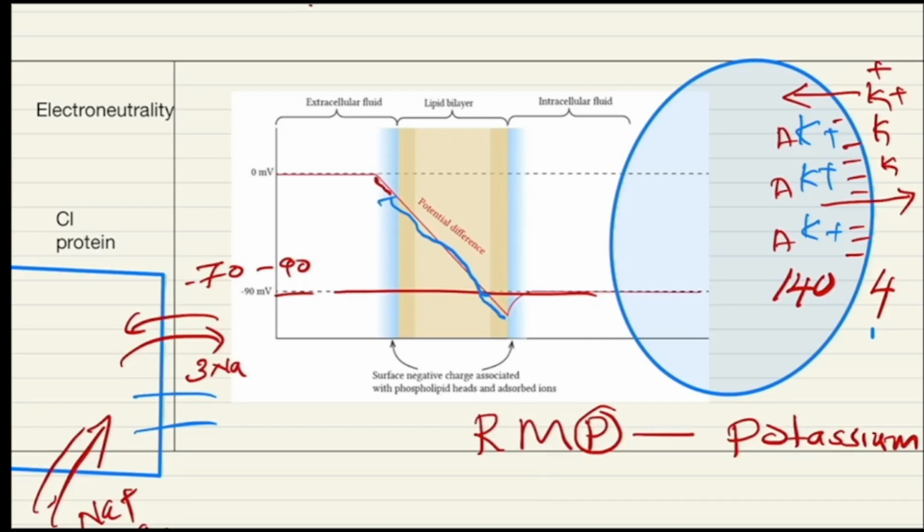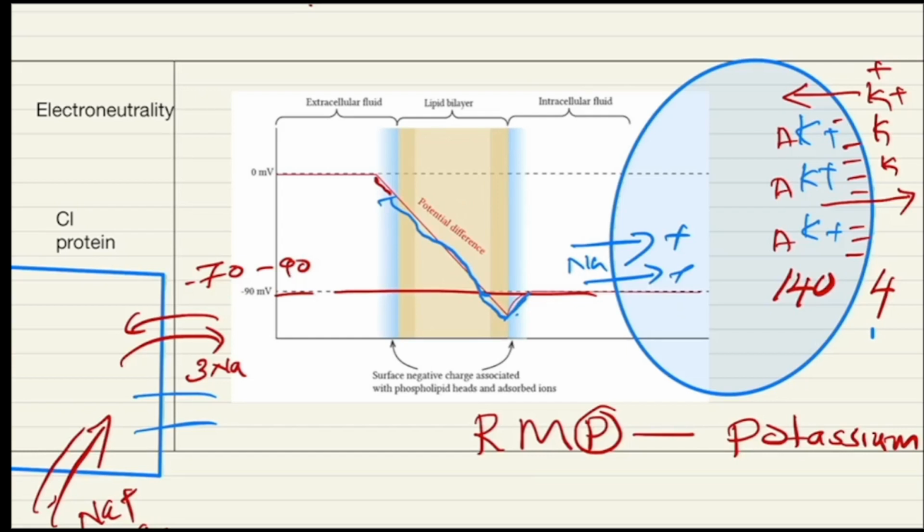So it is only a minor contribution. As sodium ions are positively charged, once they enter through the leaky sodium channel, the inside becomes more positive. That is only a small quantity, and from minus 90 it becomes minus 70. So, this is the maintenance of the resting membrane potential.